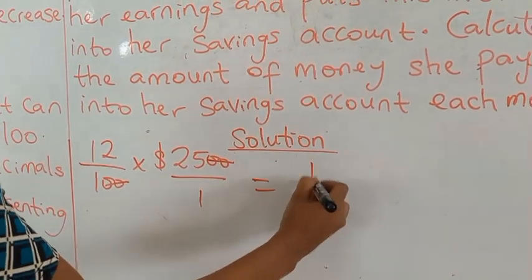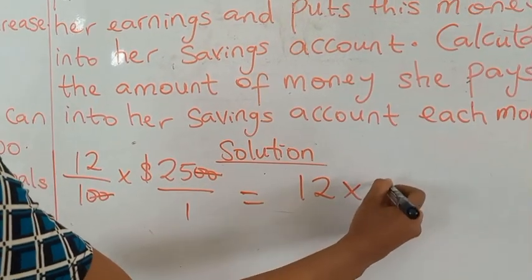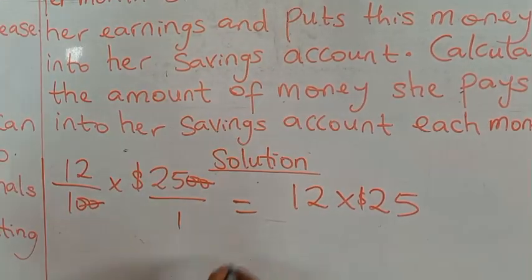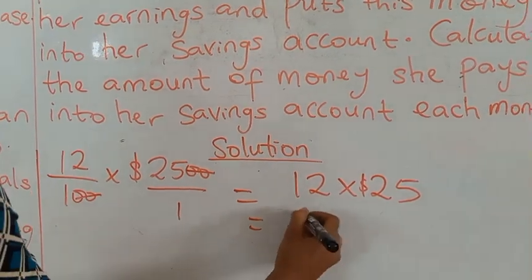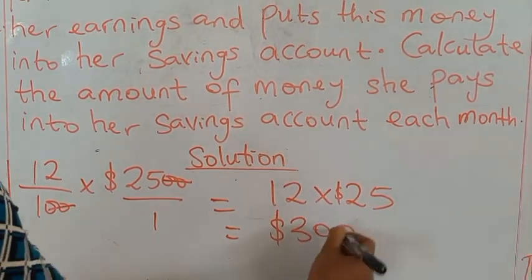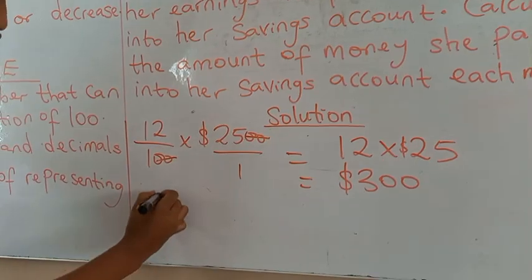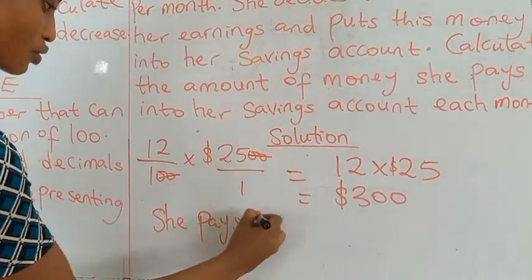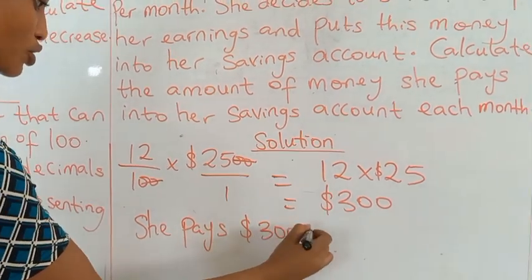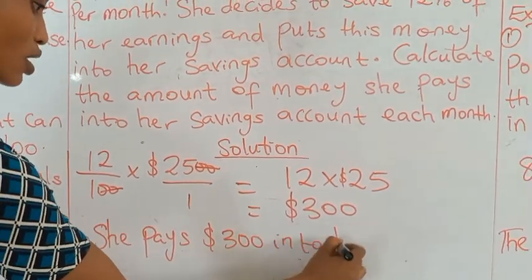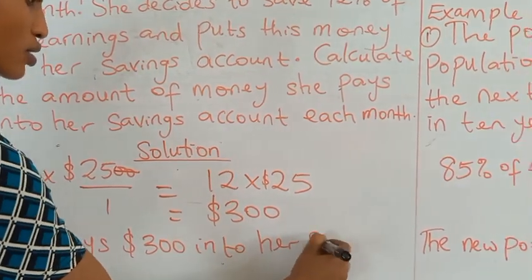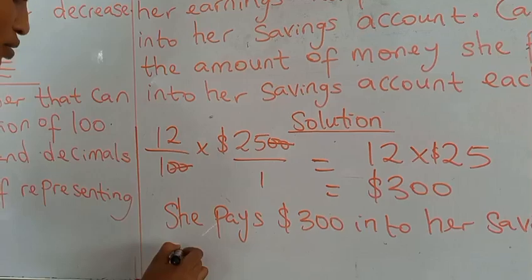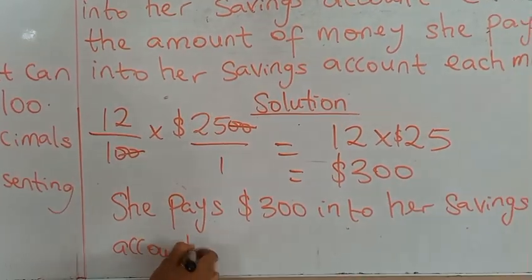So we have 12 times $25. 12 times 25, $300, which implies that she pays $300 into her savings account each month.